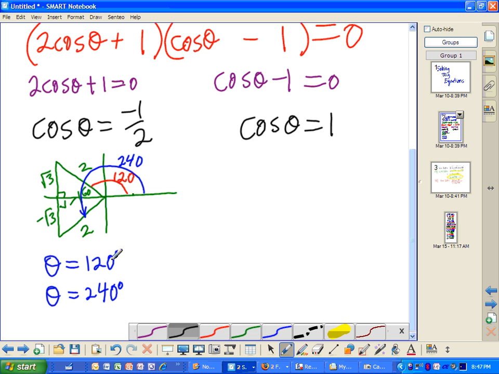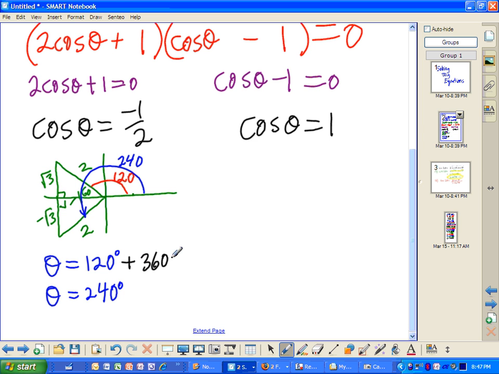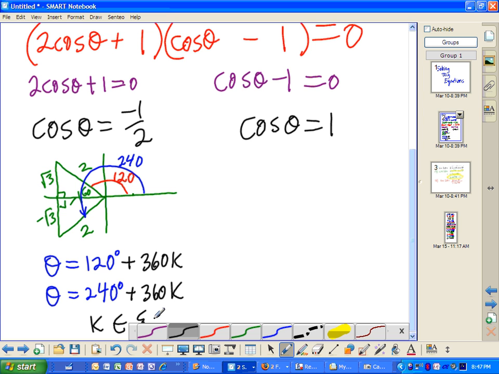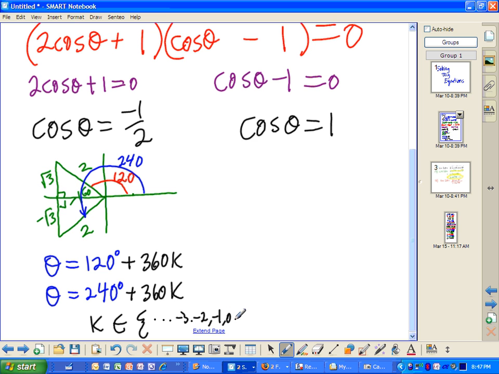So every 120 plus 360k, and 240 plus 360k, where k is just an element of the integers. So negative 3, negative 2, negative 1, 0, 1, and so on.